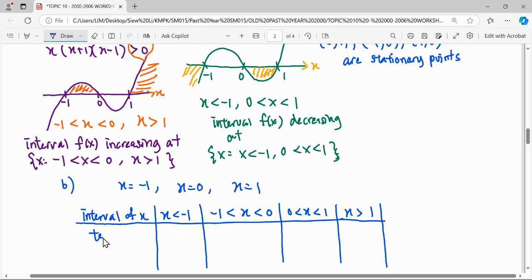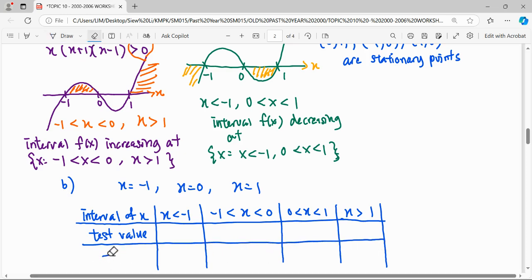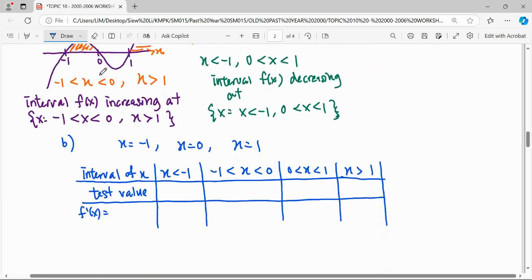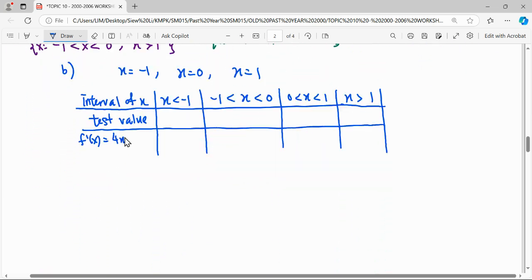Then we pick a test value in each interval to substitute into our f'(x). Our f'(x) just now is 4x cubed minus 4x. And lastly, we come to the conclusion about the graph.